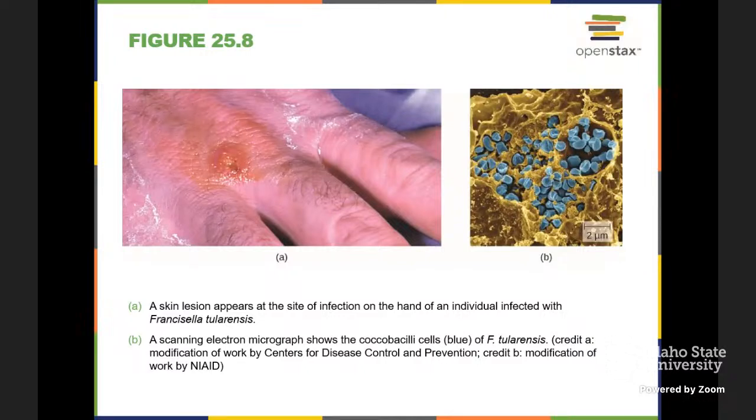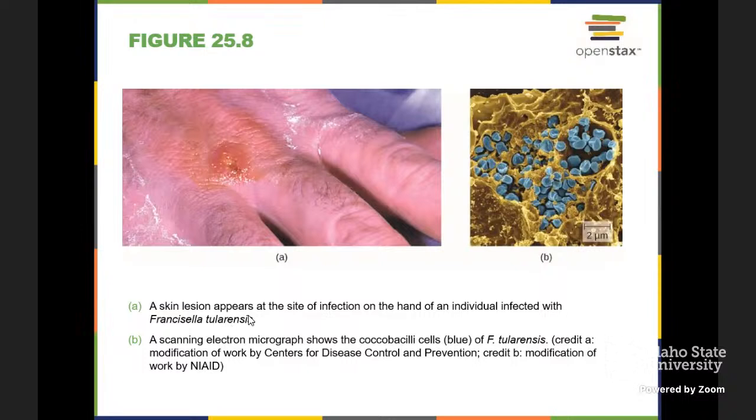This image is Francisella tularensis. Tularemia is a very contagious bacterial infection. This lesion on this individual's hand doesn't look like it's that big of a deal, but it is. As this organism gets into the circulatory system, it can be a fatal infection. It is a bacterium that is high on the list of potential bio warfare agents.